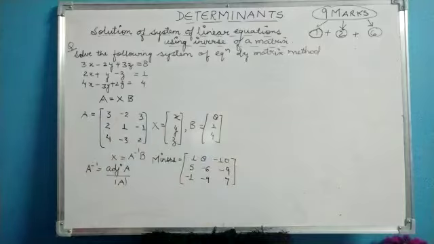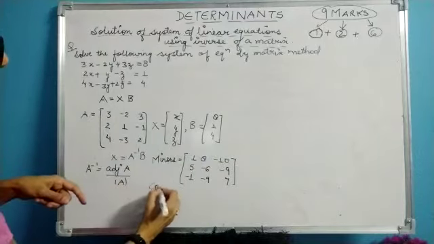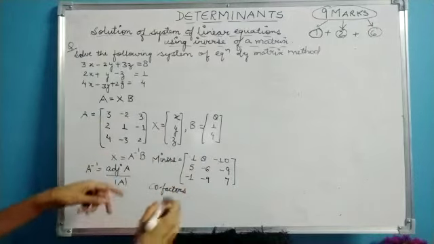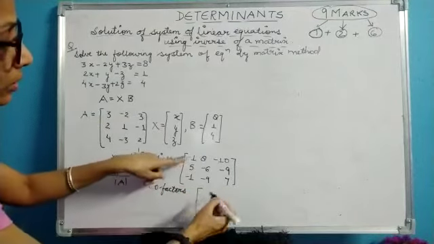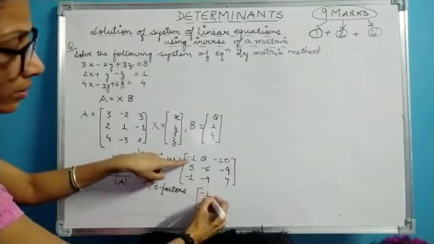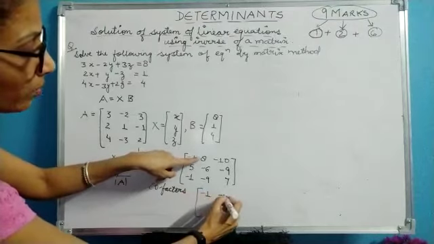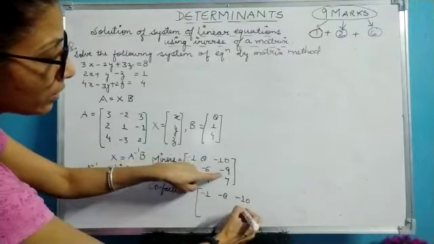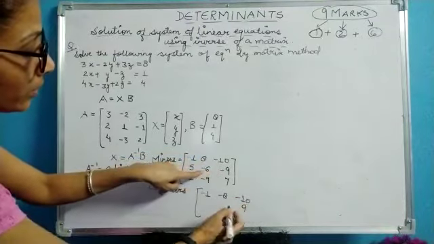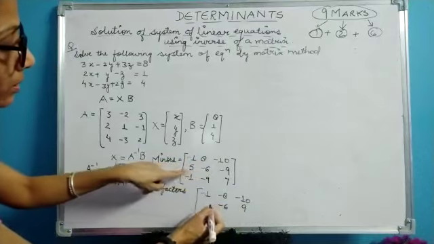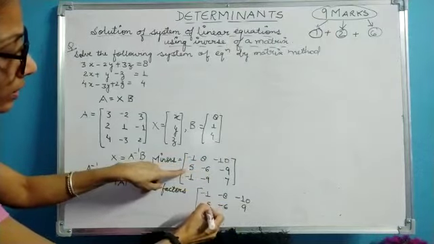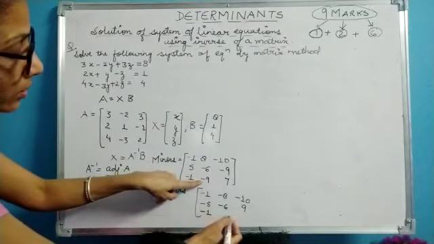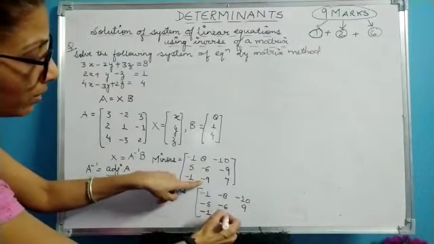Now we have to calculate its cofactors. So cofactors can be calculated by sign convention method. This is plus, so this will remain this only. This is minus, so minus 8. Plus, so this will be minus 10. Minus, this will become plus 9. This is plus, so this will remain minus 6. This is minus, so minus 5. Plus, so it will remain minus 1. This is again your minus, which will become 9.